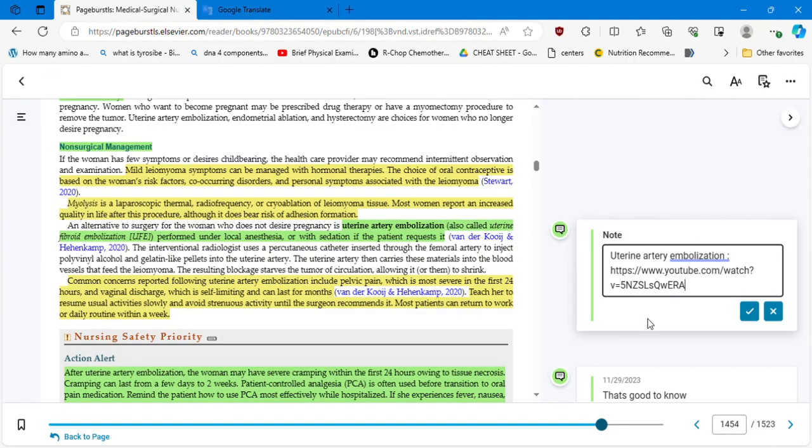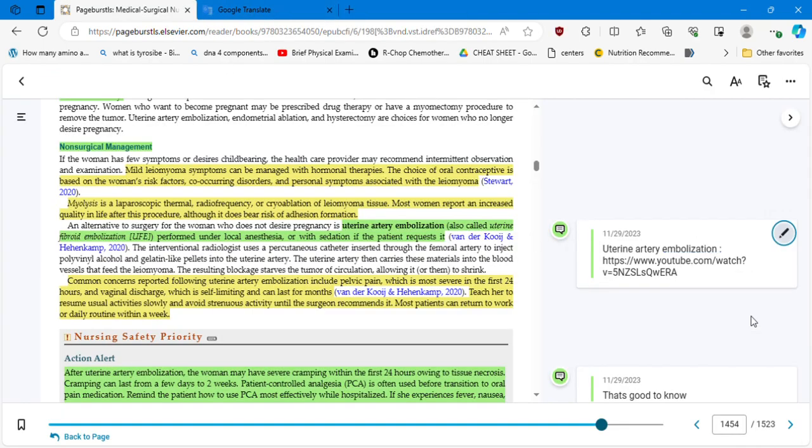Wow, the approach is very interesting, is amazing, and has minimal side effects, minimal risk. The uterine artery embolization is a very good procedure. Common concerns reported following uterine artery embolization include pelvic pain, which is most severe in the first 24 hours, and vaginal discharge, which is self-limiting and can last for months.